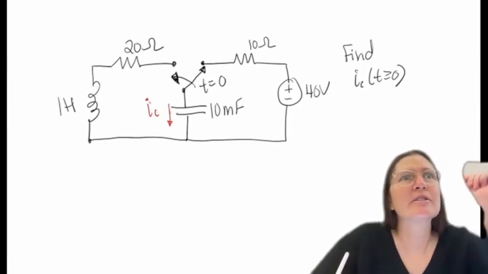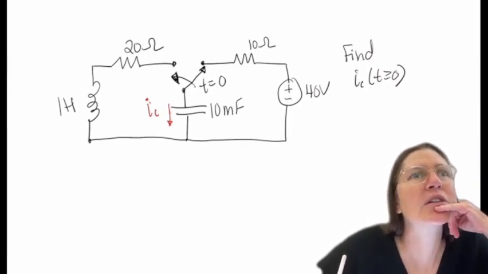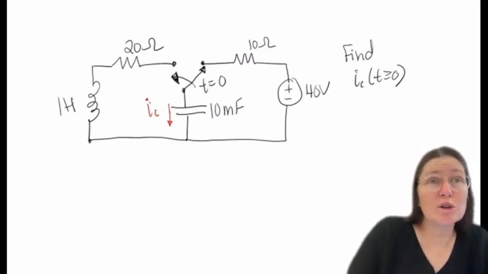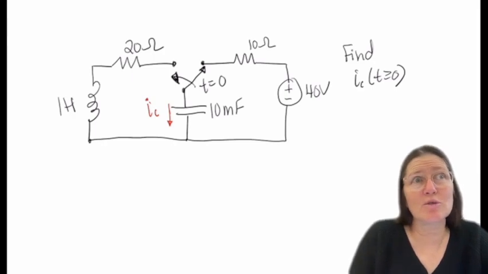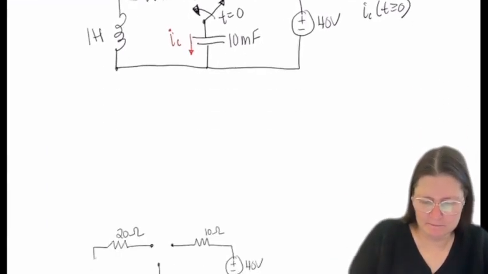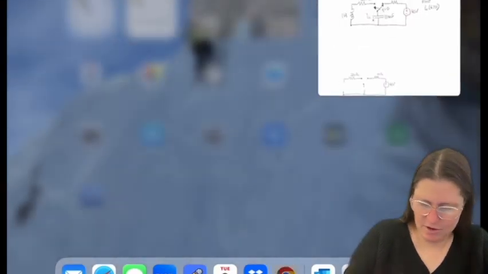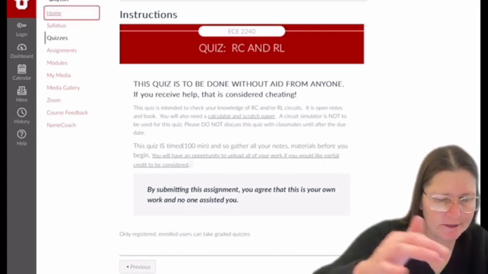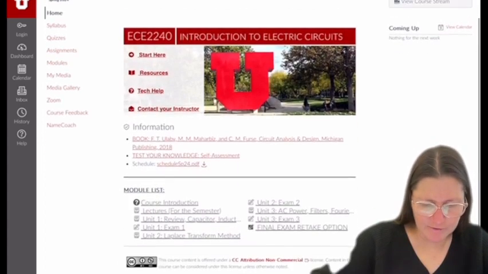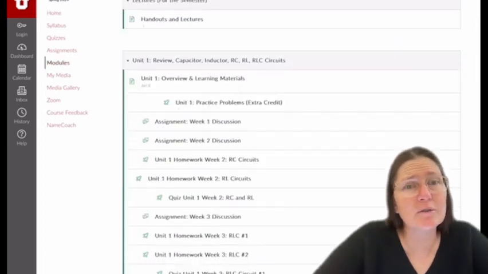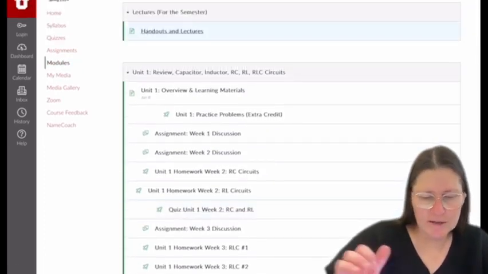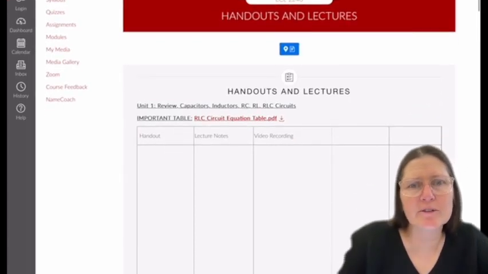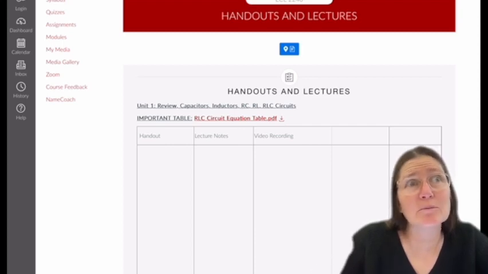On exams, are you going to give us those charts of underdamped and overdamped, or is there a link to it? You will want to have your own link to it. There are two locations. One is on the lectures: when you go to the handouts and lectures, there will be the RLC circuit equation table, and that link is that whole table.